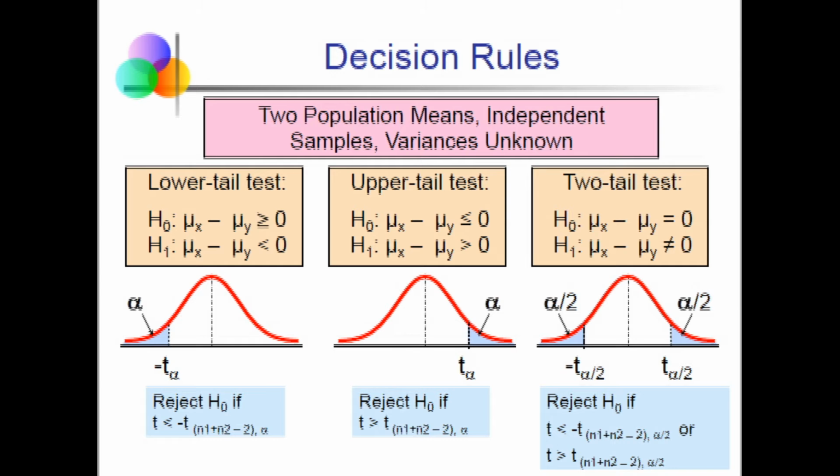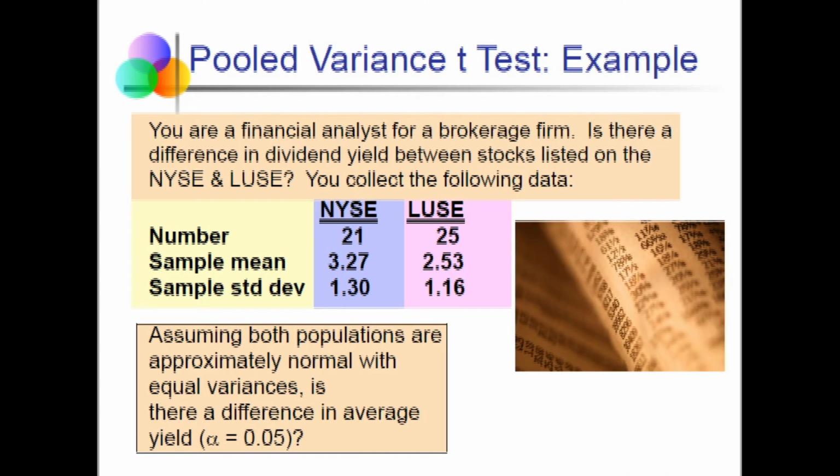Okay, now let's have an example. You are a financial analyst for a brokerage firm. Is there a difference in dividend yield between stock listed on the New York Stock Exchange and the Lusaka Stock Exchange?